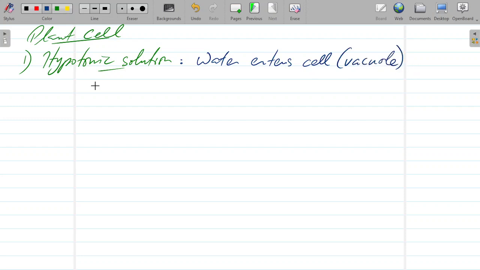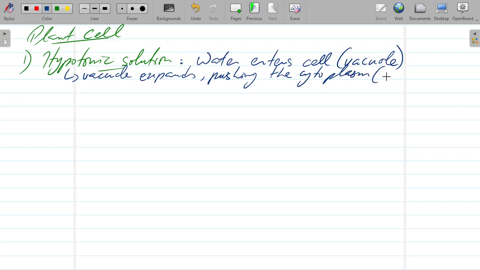The vacuole expands, grows in size, pushing the cytoplasm and the cell contents, obviously, because they're all in the cytoplasm, against the cell wall.